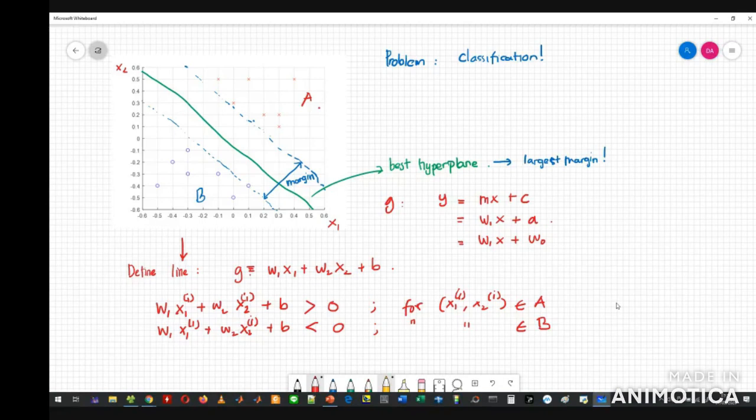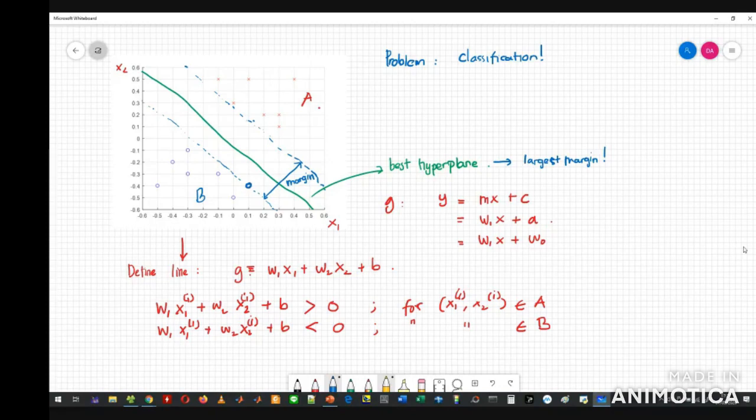Now we would like to simplify the definitions of those lines. Look at this blue circle.